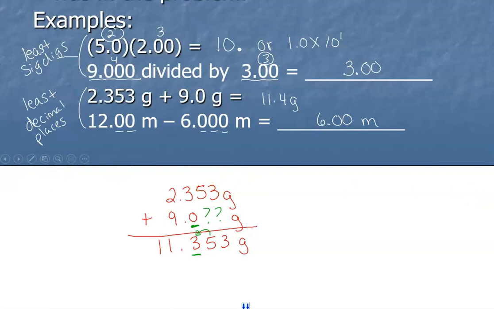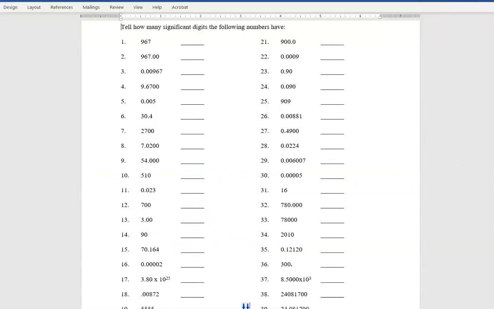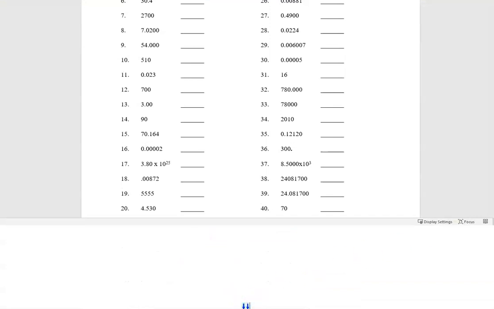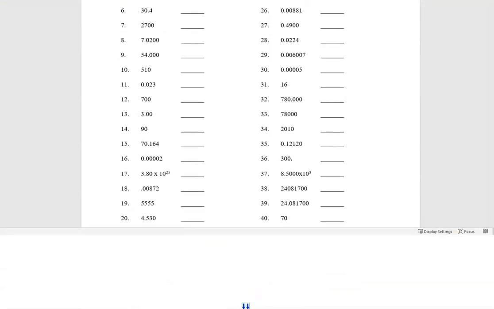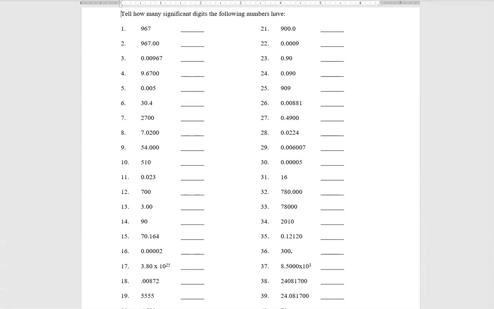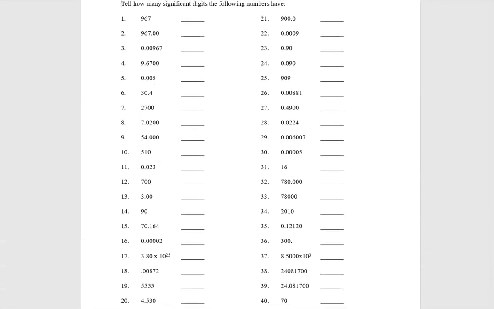So what I have on this next slide, I'm not going to go through it, but if you want, this was an old homework that I had. See if I can get it to show. Well, it's not cooperating real well. There we go. So if you want to pause right here, pause the video, maybe on a sheet of paper, see if you can figure out how many significant digits these have.